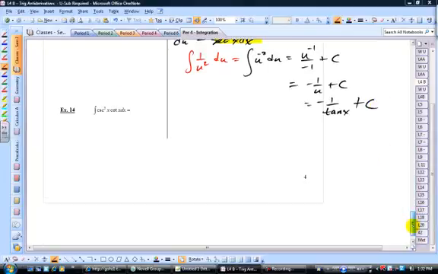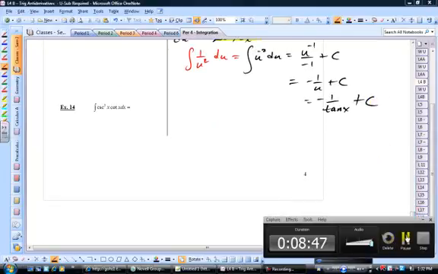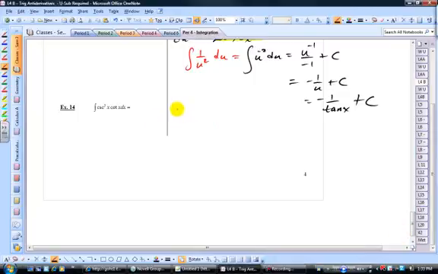Okay, and then the last one here, what I'm going to do is rewrite this right here as cosecant squared x times cosecant x cotangent x.